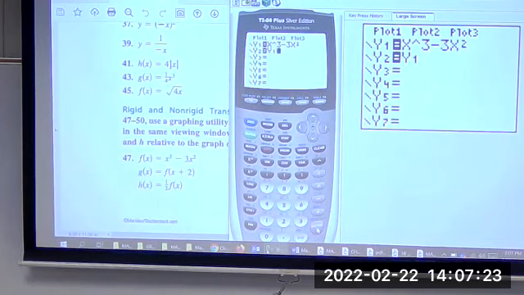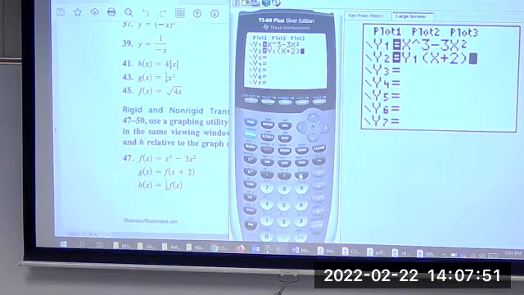It's going to be the first equation in parentheses, and instead of x, I wanted to use x plus 2. It's going to take the original first equation, x to the third minus 3x squared, and replace x on its own with x plus 2.